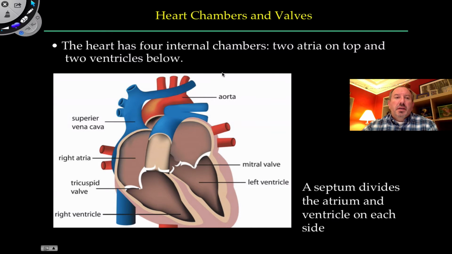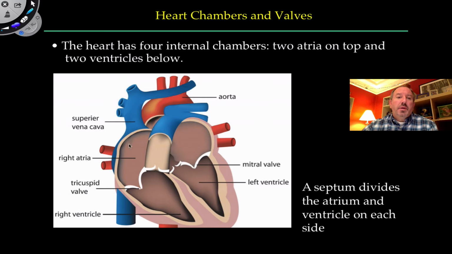You might know this, but you may not: the heart is composed of four chambers. We have two smaller, thin-walled chambers at the top of the heart called atria. This is the right side of the heart here.